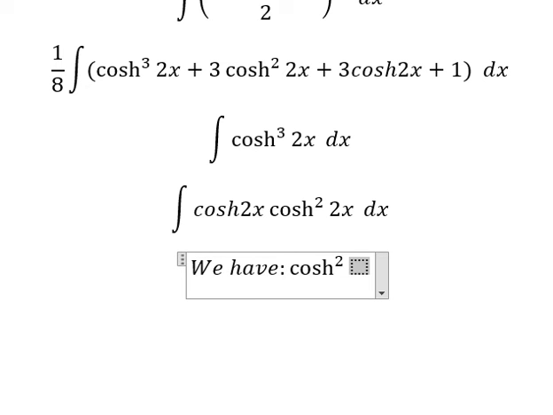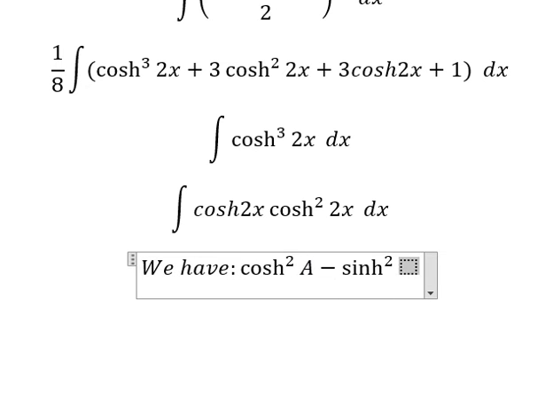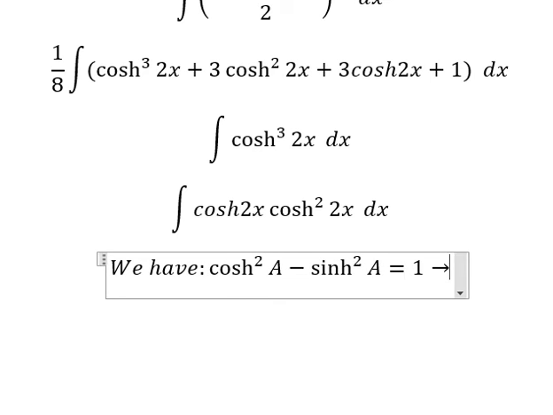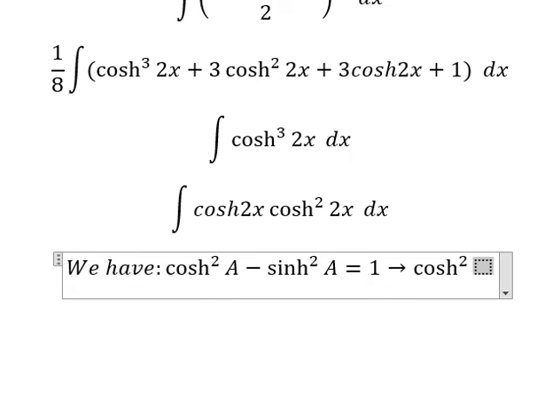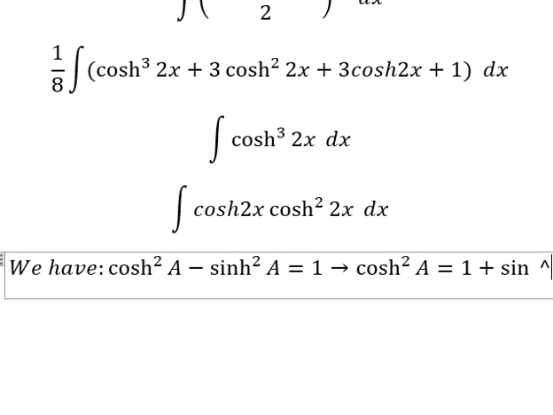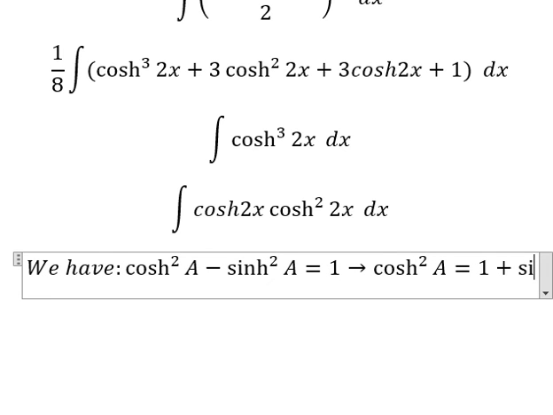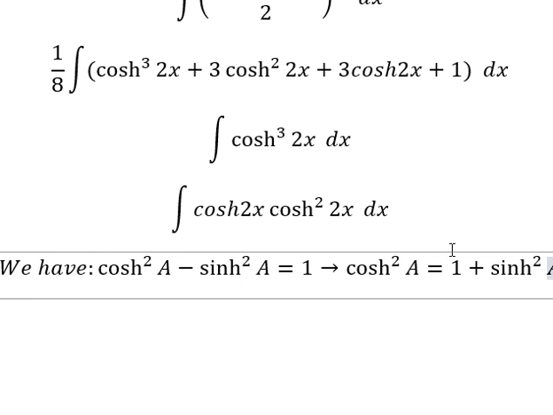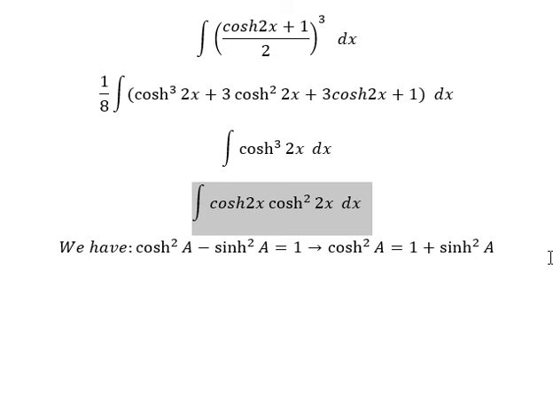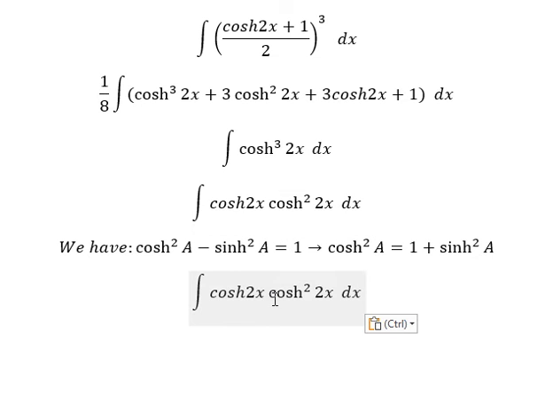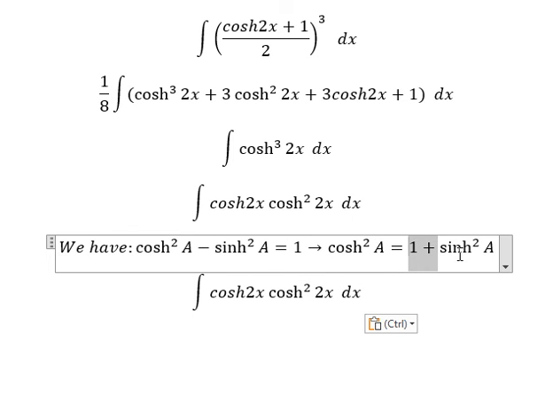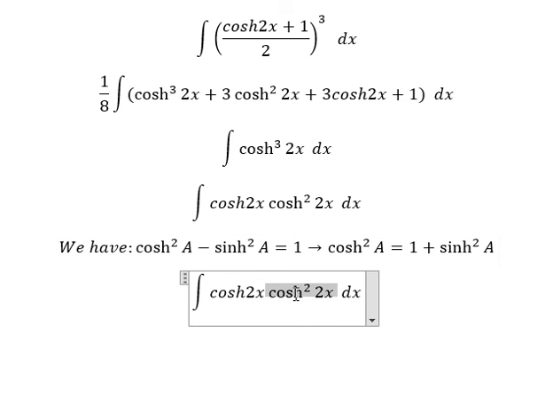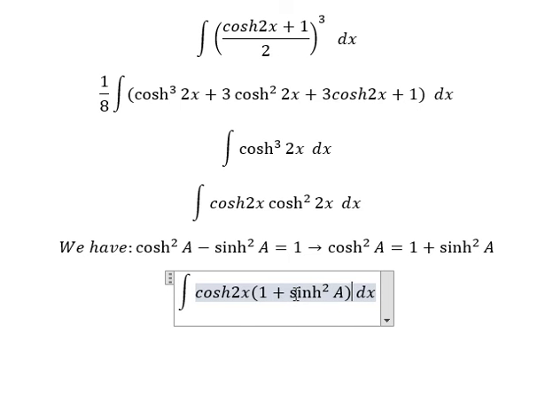That's cosh a squared minus sin a squared equals number 1. So now, I will put this one to the right. So this one we change by this one. And this is about 2x.